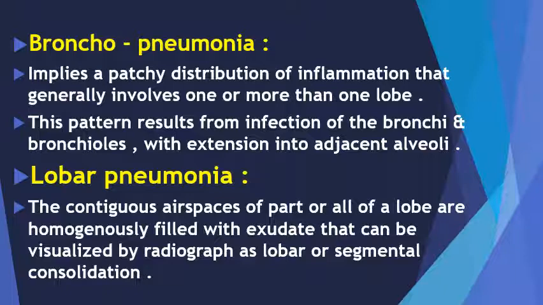In bronchopneumonia, parts of the lung or parts of the lobe, أجزاء من اللوب, are involved and the tissue in between is normal, while in lobar pneumonia, all of the lobe or part of the lobe is homogeneously involved, and the alveoli or airspaces are filled with exudate: inflammatory neutrophils, of course, especially if it's bacterial pneumonia, and fibrin, RBCs, dead bacteria and necrotic cells.